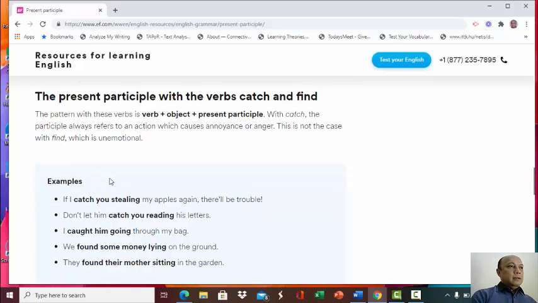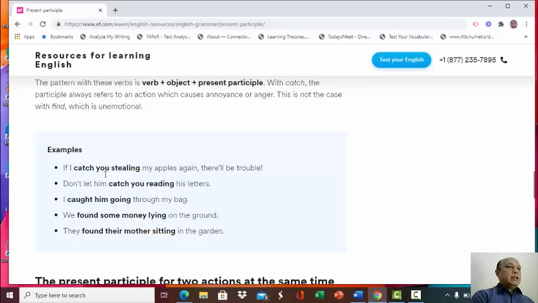Okay. For example, if I catch you stealing my apples again, there will be trouble. Yeah. Catch plus object plus present participle. Catch you stealing. Yeah. So this is the pattern: verb, object plus present participle. Don't let him catch you reading his letters. Yeah. Again, you have catch, object, present participle.